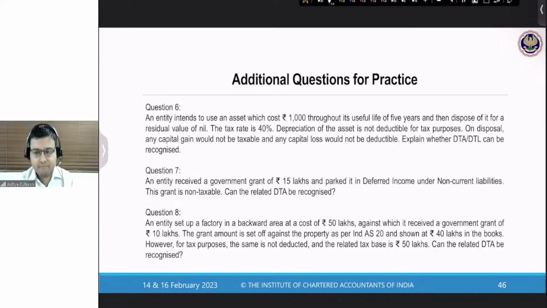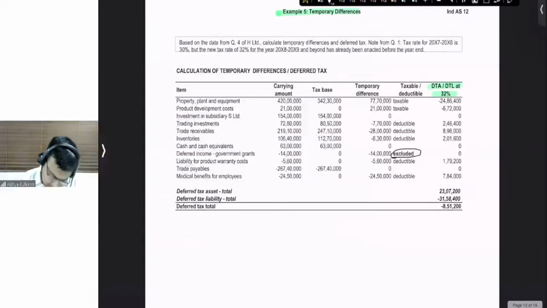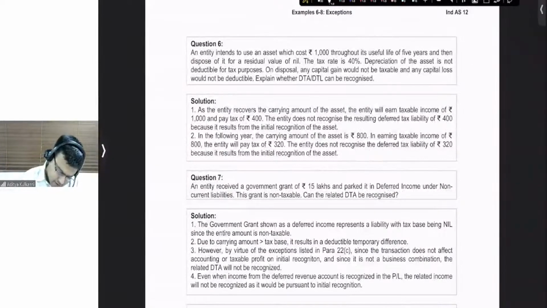All right. Fine. So a similar question is there in the additional question section. Similar discussions are there. Does not recognize the resulting deferred tax liability. Carrying amount falls to 800. In earning the taxable income, entity will pay tax of 320.